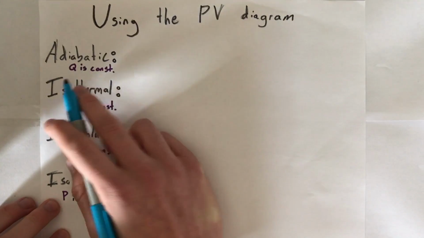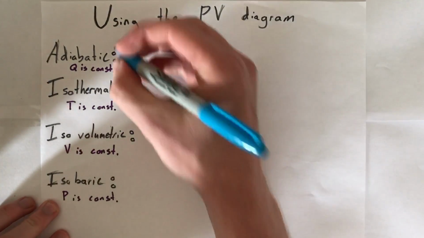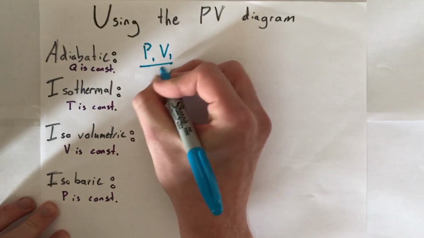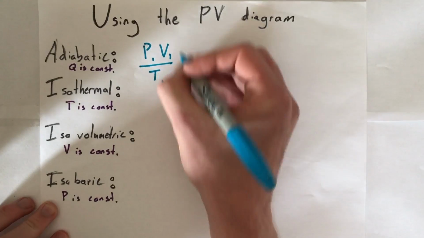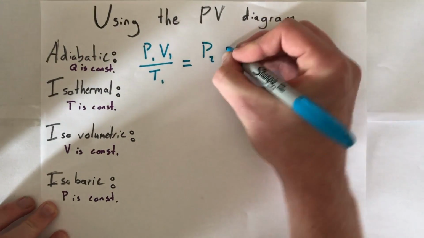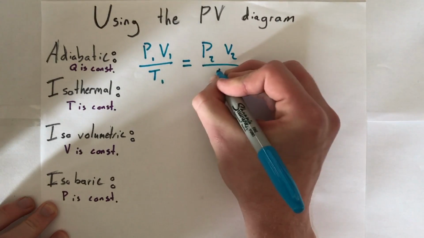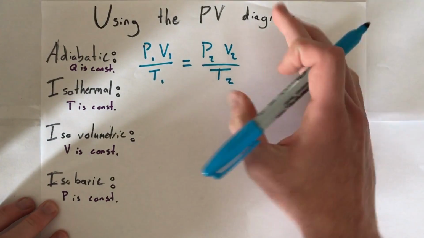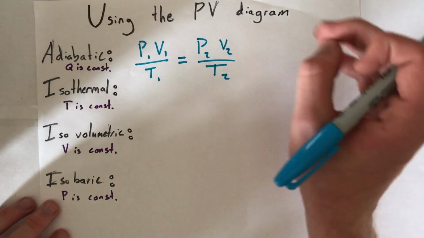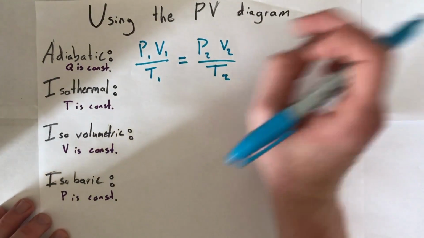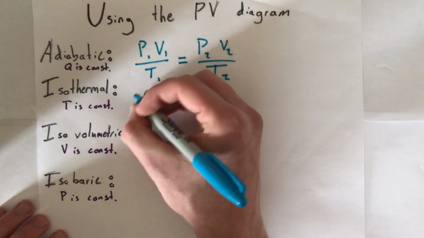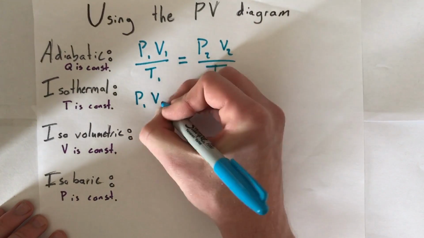So for your adiabatic, we know heat is constant. So you get P1 V1 over T1 as your original point will be equal to P2 V2 over T2. So that, as you can see, is sort of like P1 V1 equals P2 V2, which is generally what everybody goes in understanding. And that exactly is for our next one, isothermal.